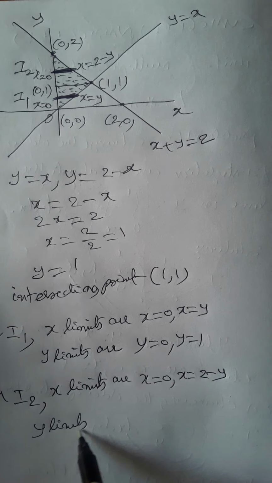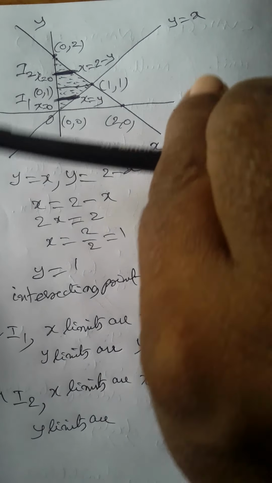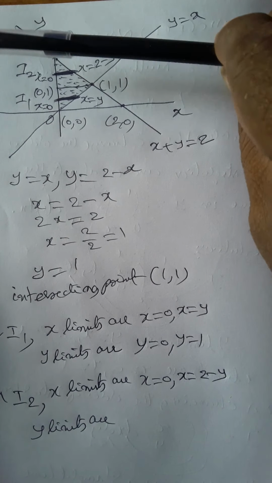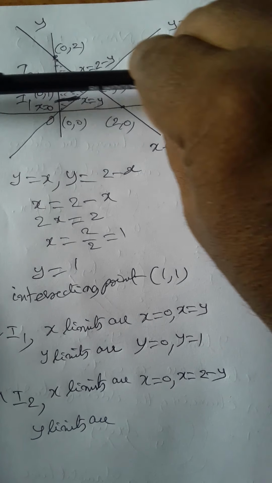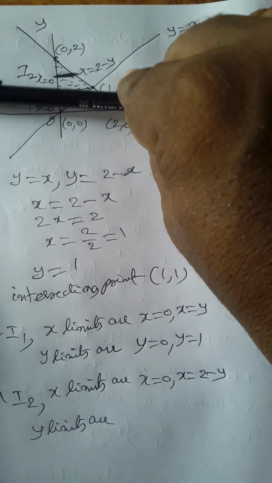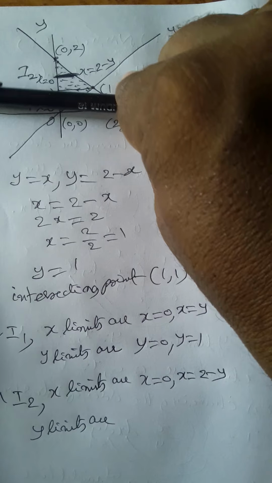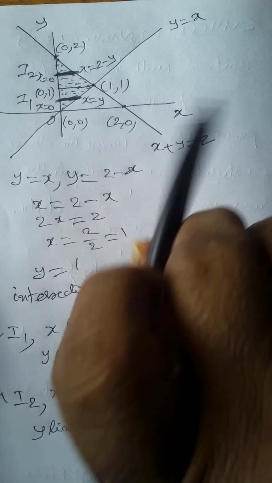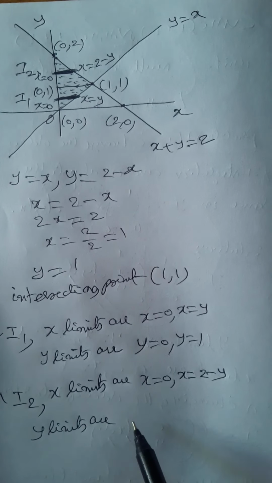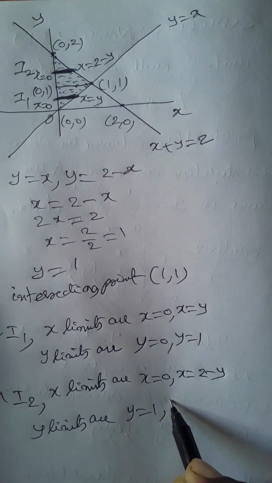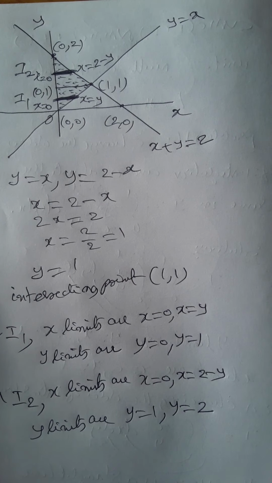Y limits: to cover the above region, the I2 region, you move this strip along the y-axis. Here y is 1, here y is 2. So y limits are y is equal to 1, y is equal to 2.